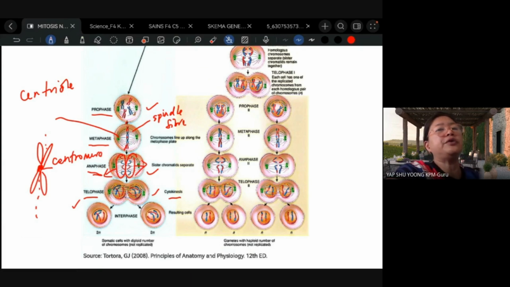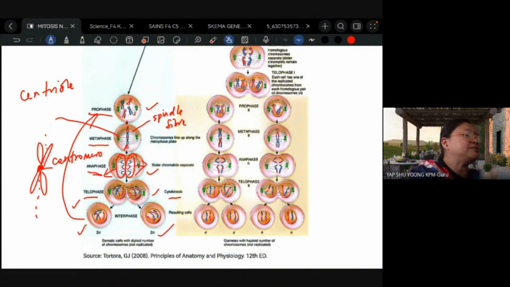Then we go to the cytokinesis. After the 2 nuclei form, we go to the cytokinesis. How many cells will be produced? 2 cells will be produced, and the cells are exactly the same as the parent cell.